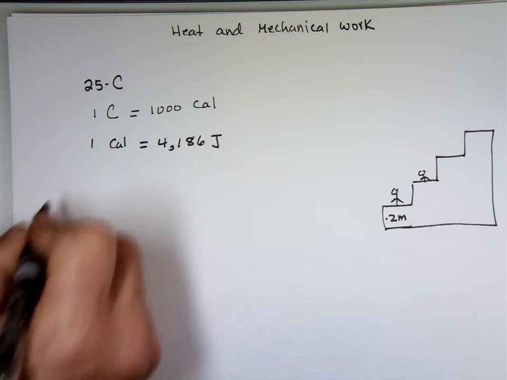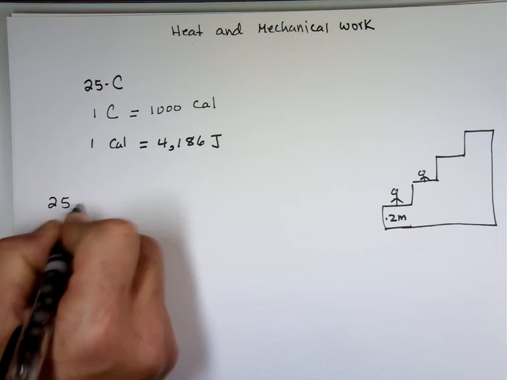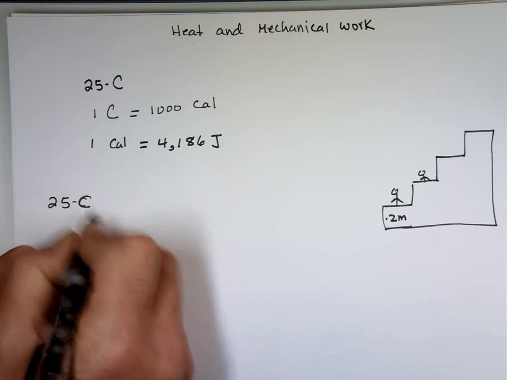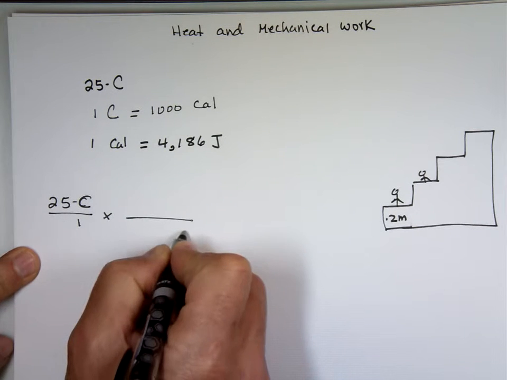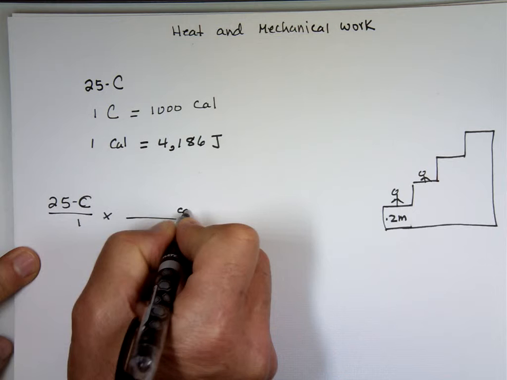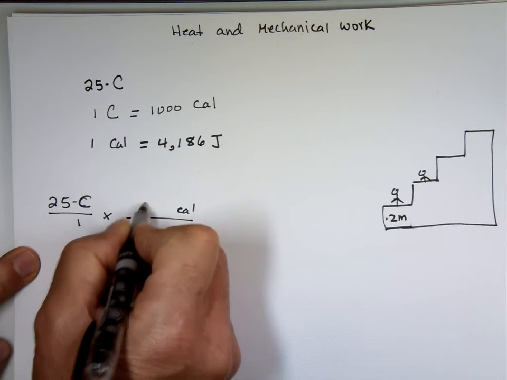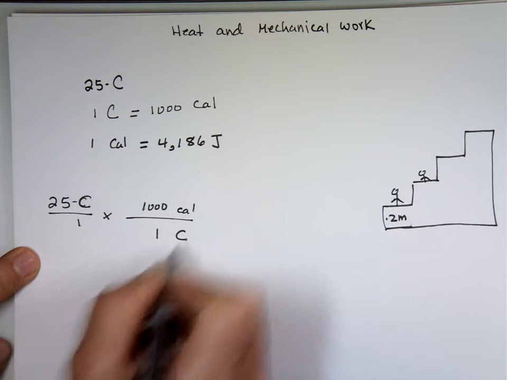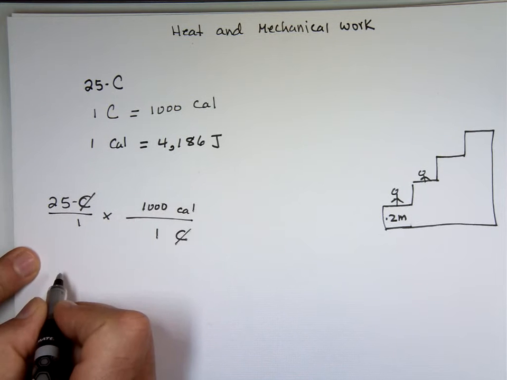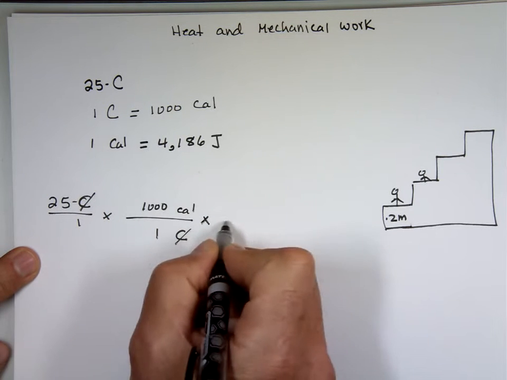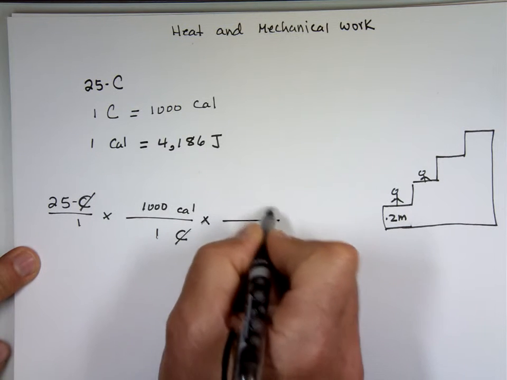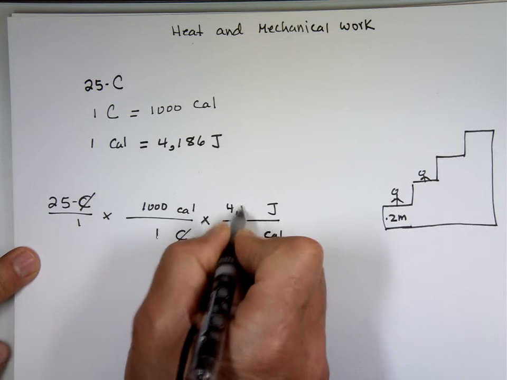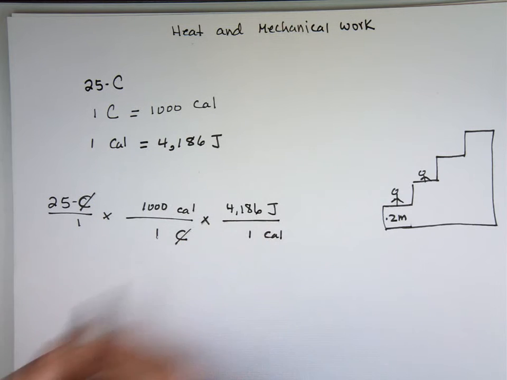So when you look at that Thin Mint, which has 25 Calories, capital C, to change Calorie to cal, 1 Calorie is 1,000 cal. Now I need to go from calories to joules, 4.186 joules.